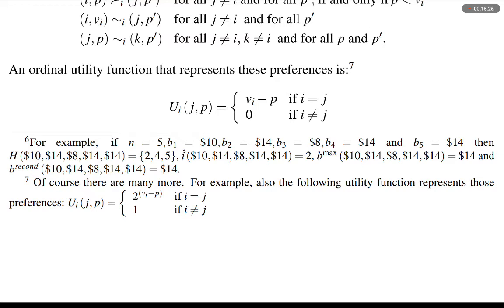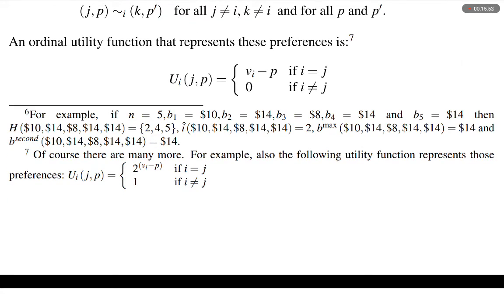U_i(j, p) = 2^(v_i − p) if i = j, and 1 if i ≠ j. Another is U_i(j, p) = v_i − p if i = j, and 0 if i ≠ j.